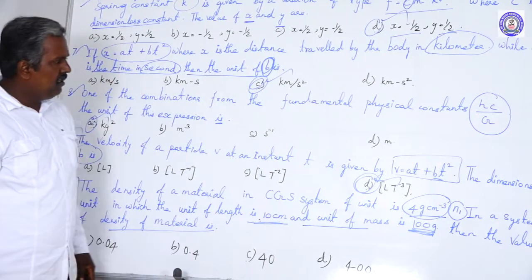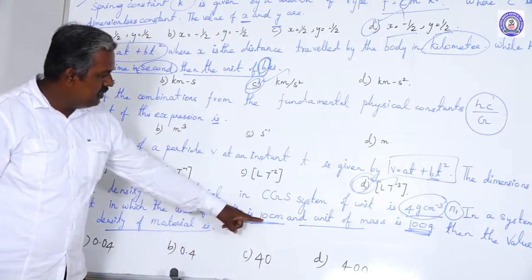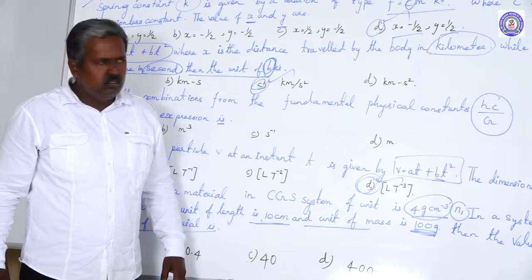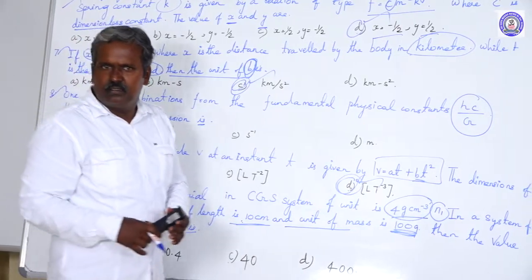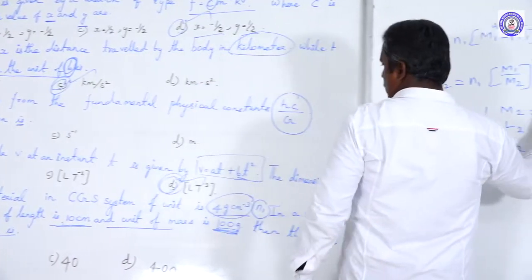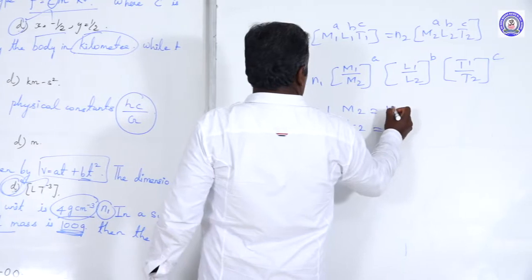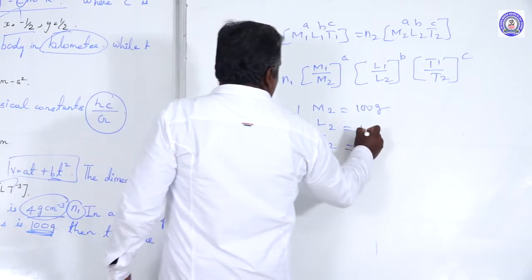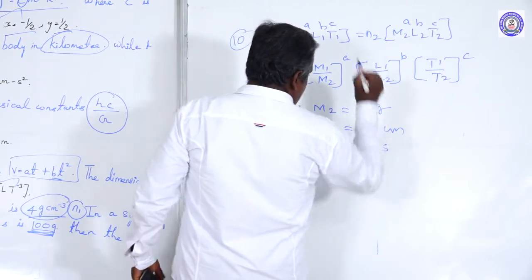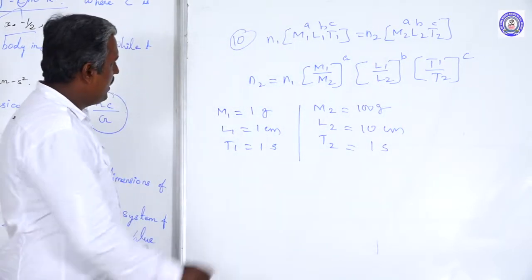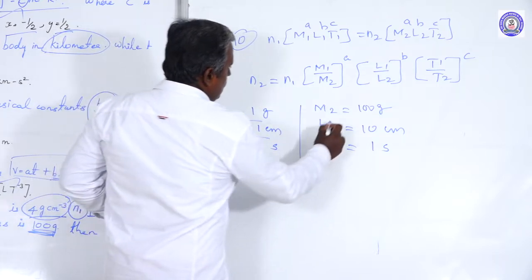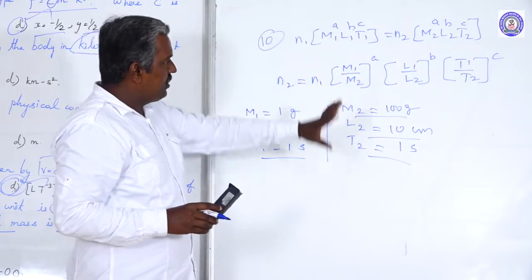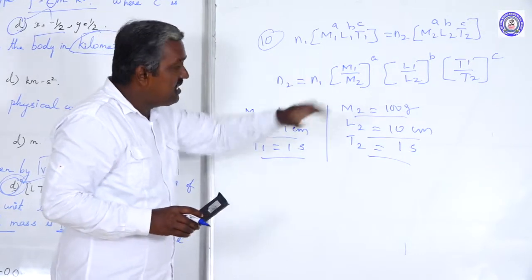Clear? L2 is 10 centimeter. What will be T2? Again, 1 second. Clear? M2 is 100 gram, L2 is 10 centimeter, T2 is 1 second. Okay. M1, M2 and L1, L2, T1, T2. No problem. How do you find out a, b, c values?